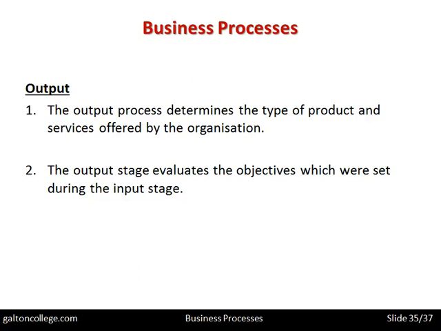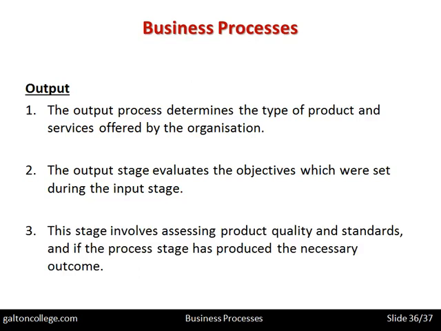It's important at the output stage that objectives were realistically set and were realistically marketed, so the customers know what they're getting. So the output conforms to what the business said it would deliver. It shouldn't be less. It should meet what it promised.